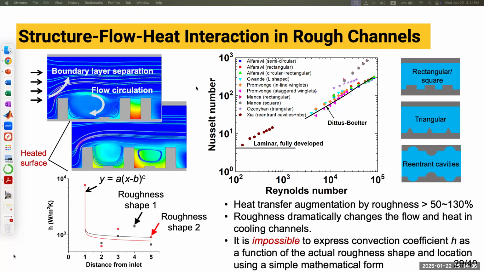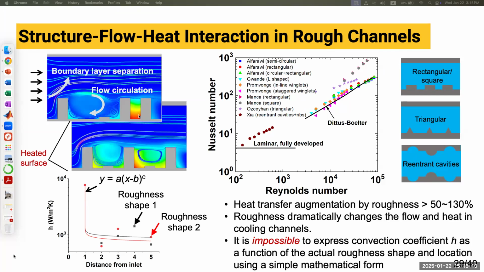So Nusselt number represents the heat transfer performance, and by incorporating the surface roughness such as rectangular, triangular, or something like this, you could improve the heat transfer performance from this baseline solid line to these scattered symbols representing the performance of rough systems.